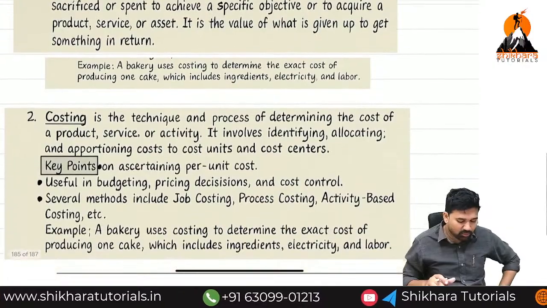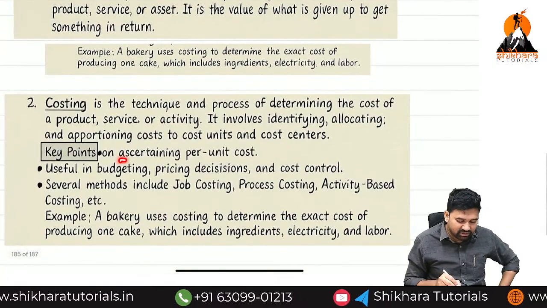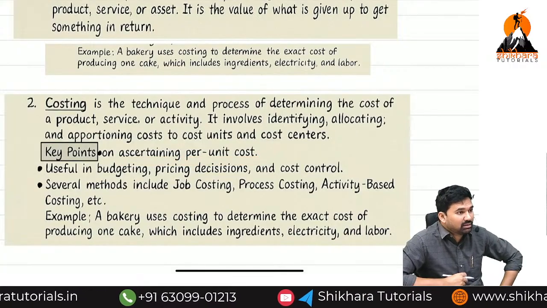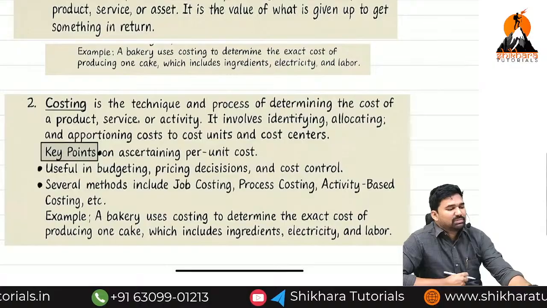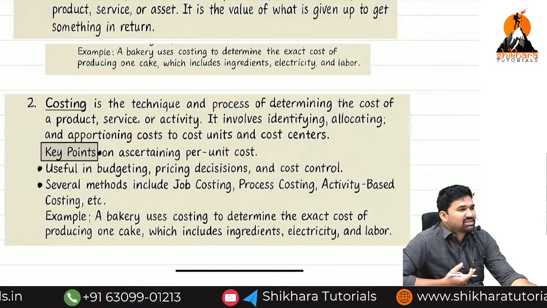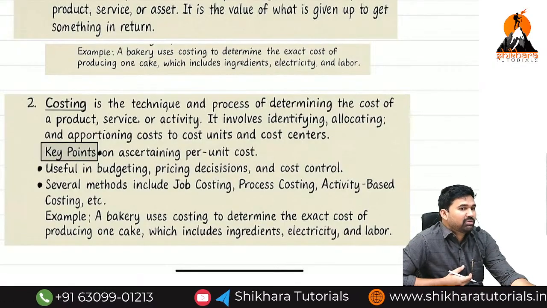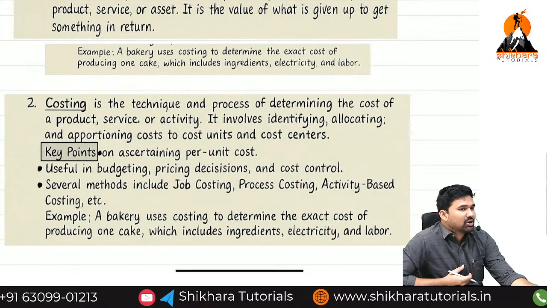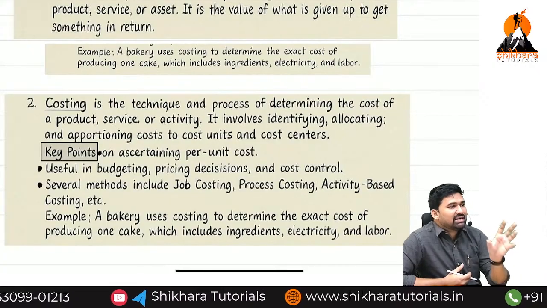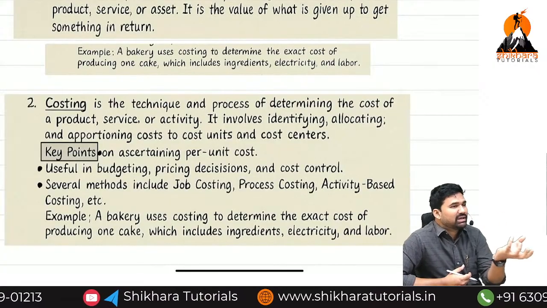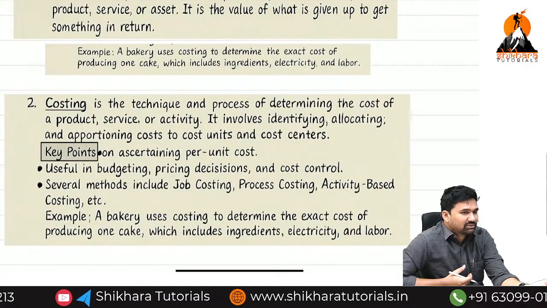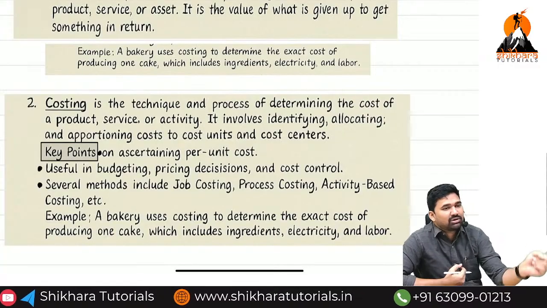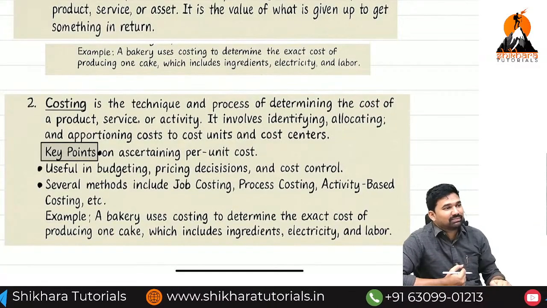Okay, so a key point of costing is that costing will be used in ascertaining per unit cost. For what purposes will costing be used? For ascertaining per unit cost. Sir, how will per unit cost be decided as per costing? What we have learned, costing is nothing but techniques of determining the cost of a product, right? That furniture fellow, how did he decide that the cost of the chair is 4,200?